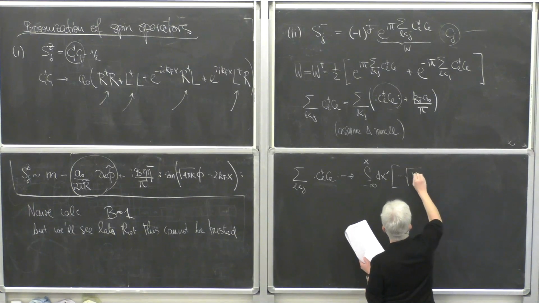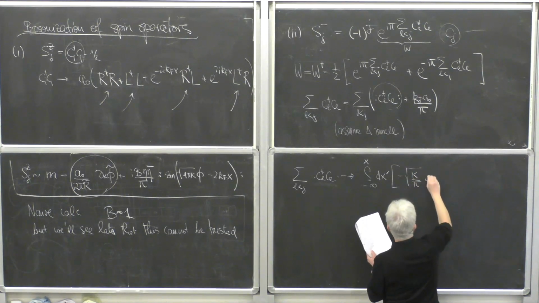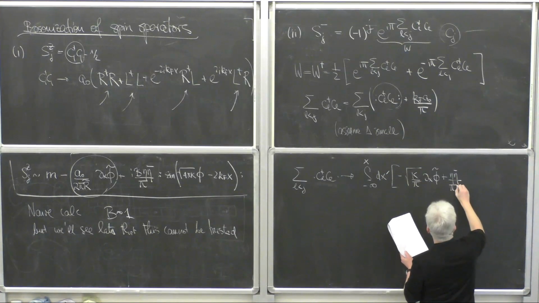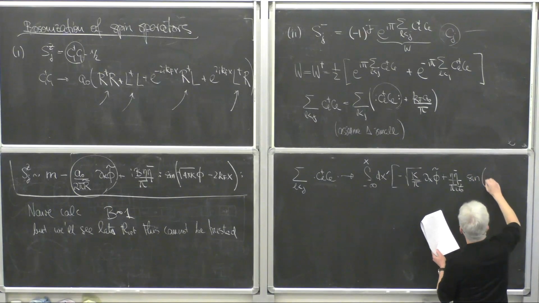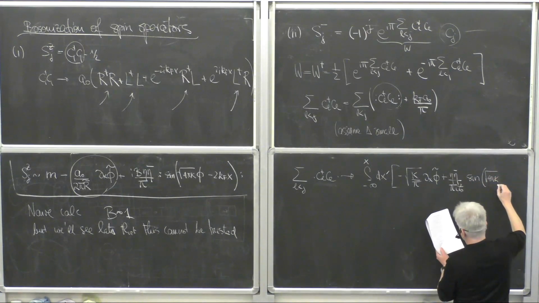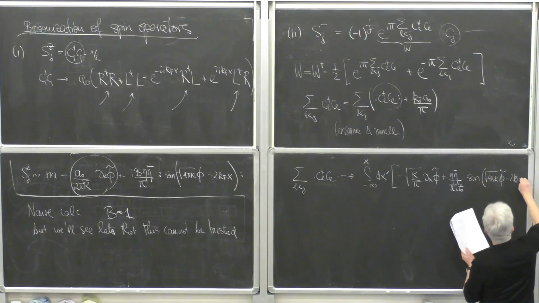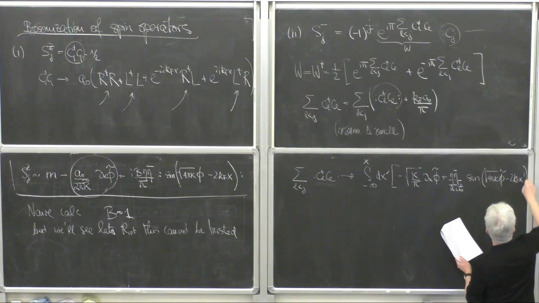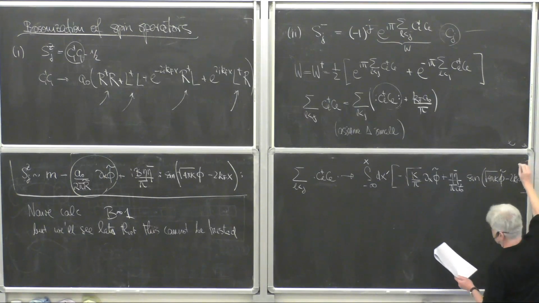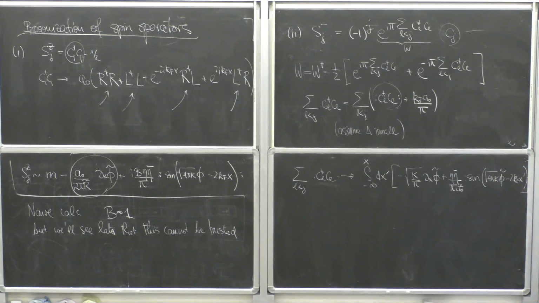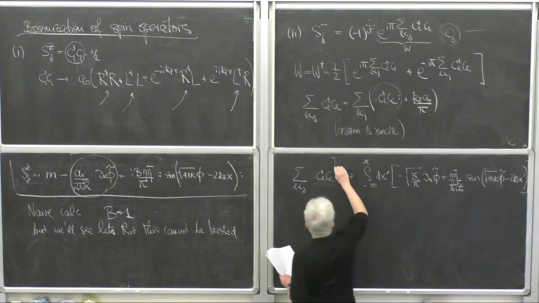I'm just going to write down the answer: k over pi dx phi tilde, plus eta bar over pi a naught squared times sine of 4 pi k phi tilde minus 2 k_F x prime, something like this. You can take this normal ordered if you want, it doesn't matter. So this you get by bosonization.